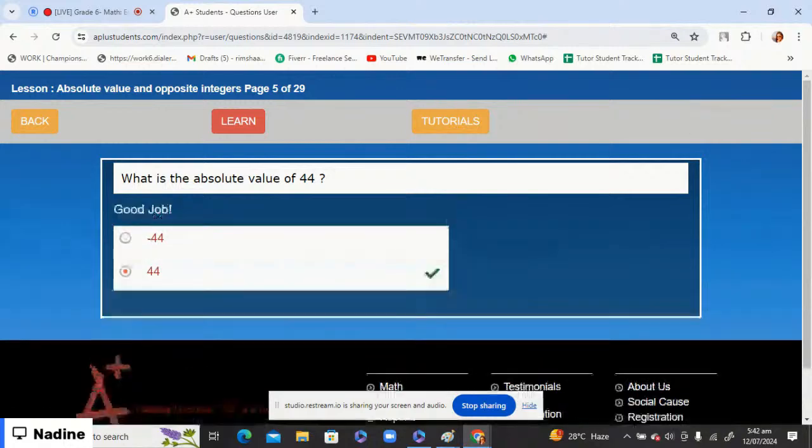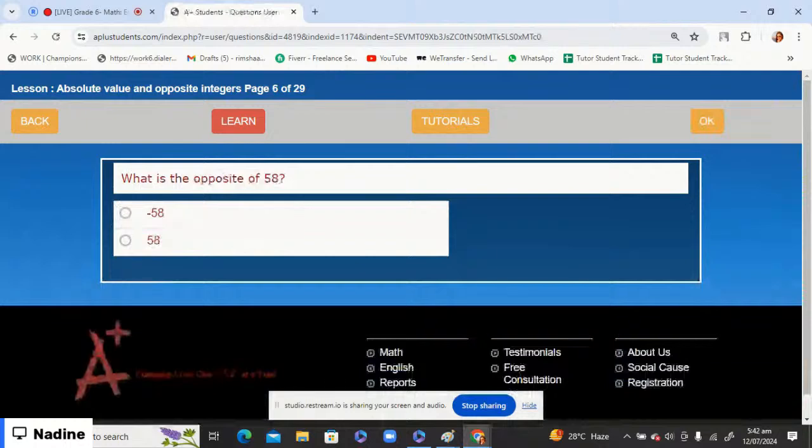Now, what's the opposite of 58? Hurry up, tell me. What is the opposite of 58? That is negative 58. Option A. Okay. Now, what's the opposite of 89?